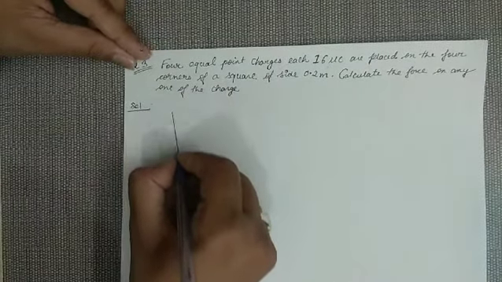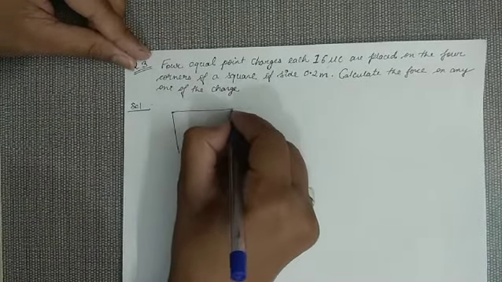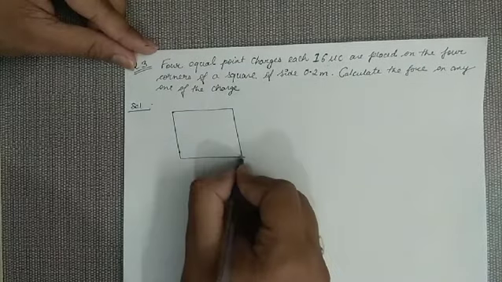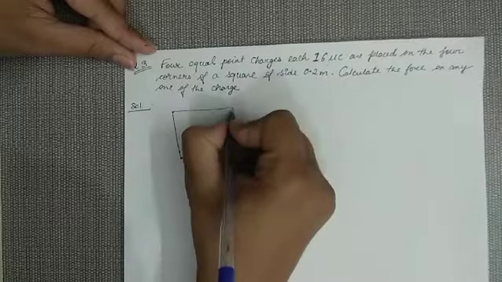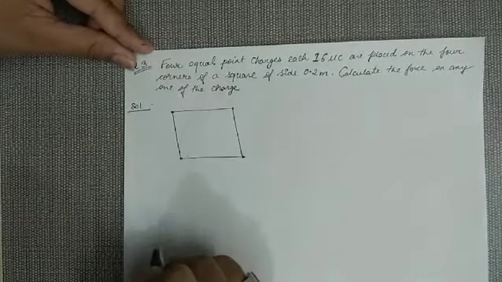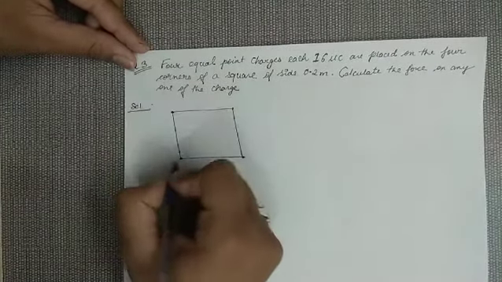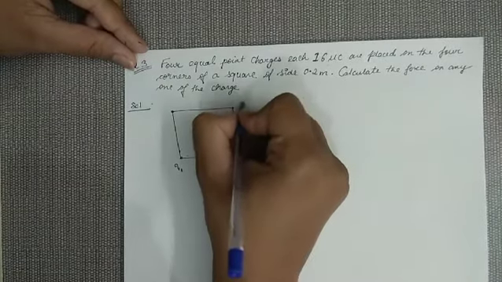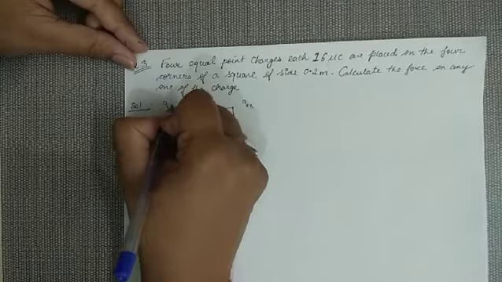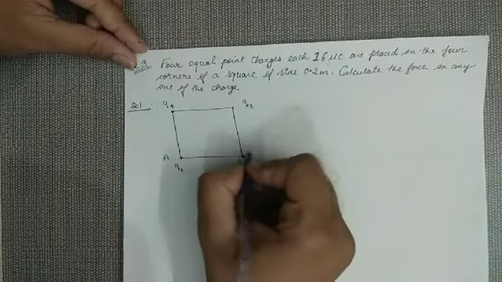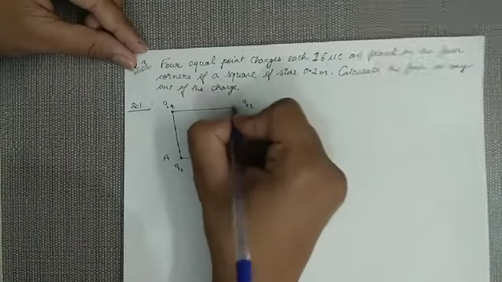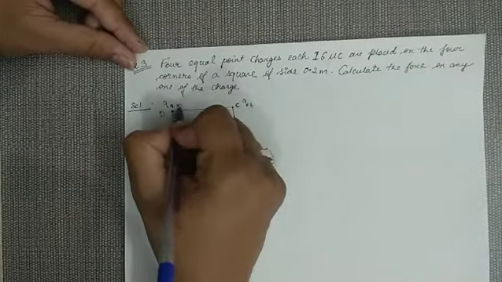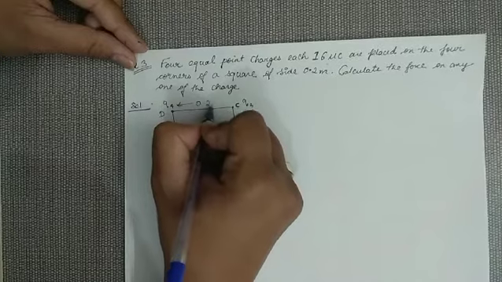Now let me draw it. So a square is given to us, and at each corner of this square there is a charge of 16 microcoulomb. So let's consider it as Q1, Q2, Q3 and Q4, with the point A. Here it is the point B, so this is point C and this is point D, and the side of this square is 0.2 meter.